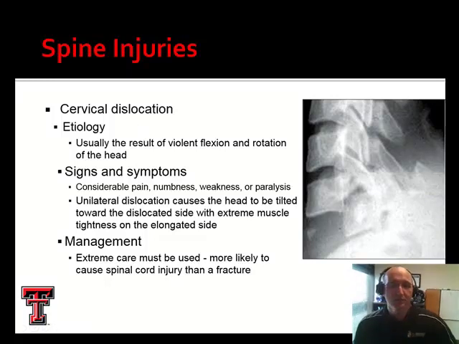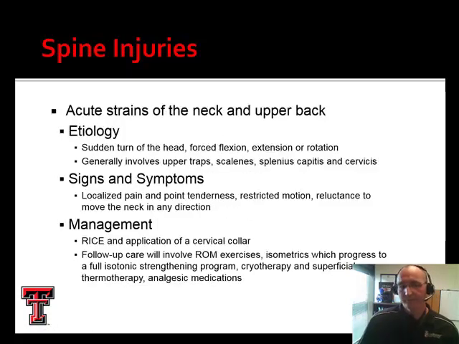This is one of the reasons why the targeting rules have changed pretty dramatically in the past few years, to try to minimize the possibility of this as well as concussions. These are actually more likely to cause spinal cord injury than a fracture. So we manage these just the same way, package them as carefully as possible. We don't want to move them at all, and we get them to advanced care.